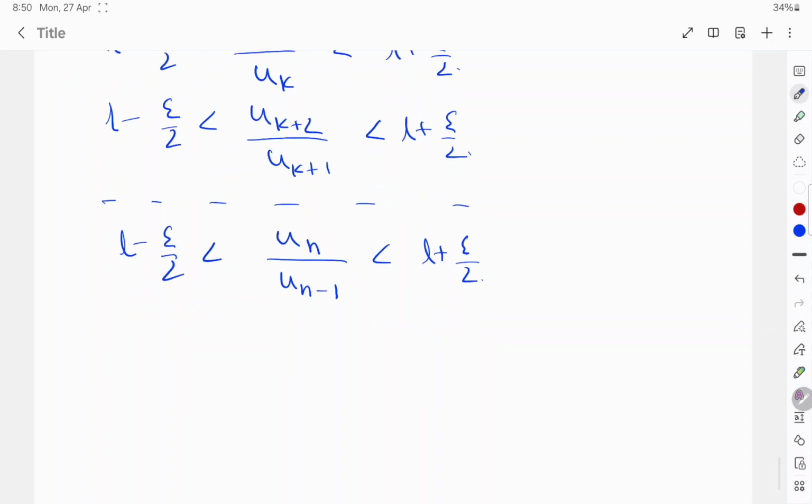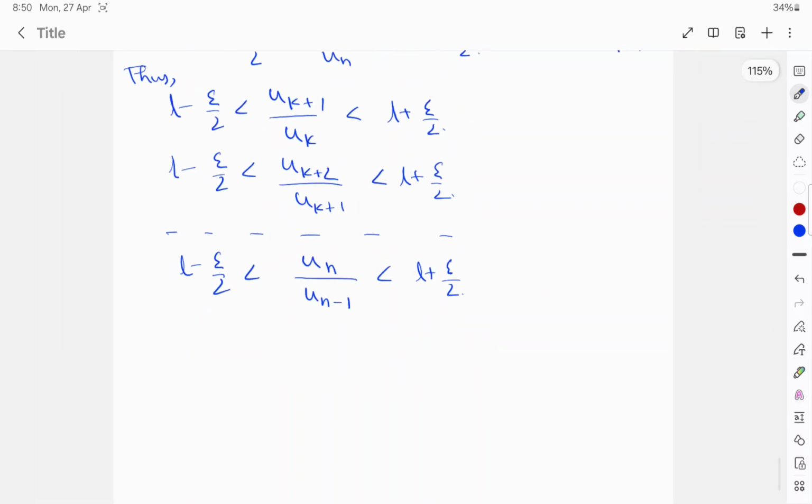In the book there is some mistake, no issue. Now if you multiply all the things, whenever I multiply this into this, you see this and this cancel, right? So you are getting uk plus 2 by uk, right?